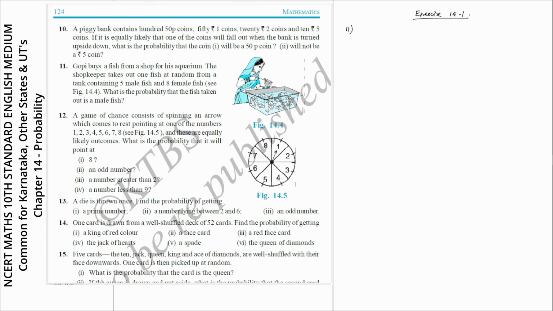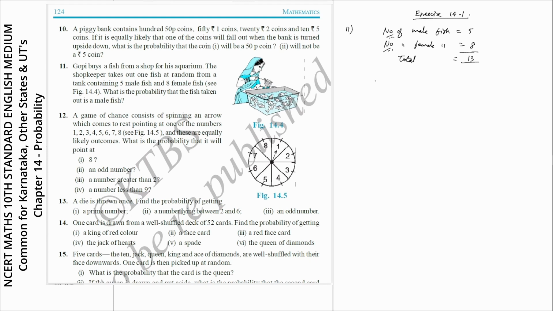So here number of male fish is equal to 5 and number of female fish is equal to 8. Therefore total number of fish is equal to 5 plus 8 is 13.